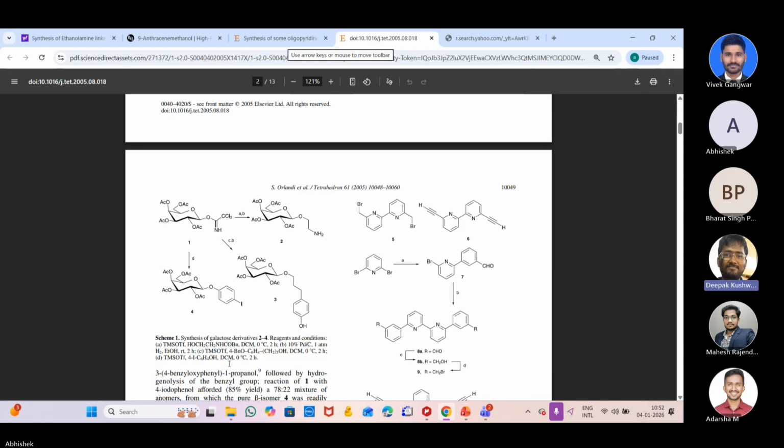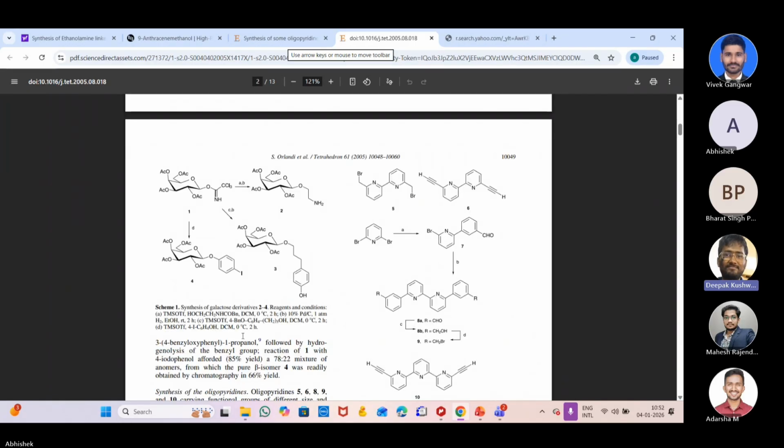So they have written here 85% yield, a 78 to 22 mixture of anomers. Both the anomers, alpha and beta, finally they got, although beta is 66% finally. Okay. So for them this anomer is also important.